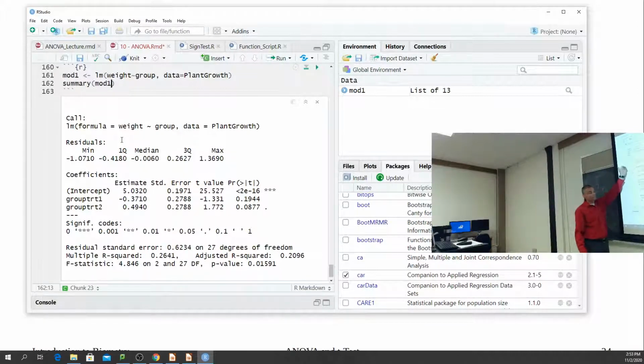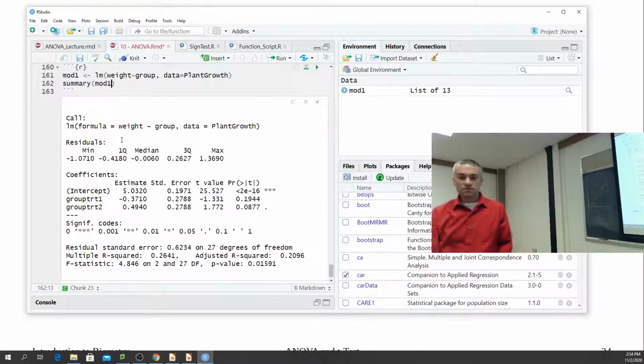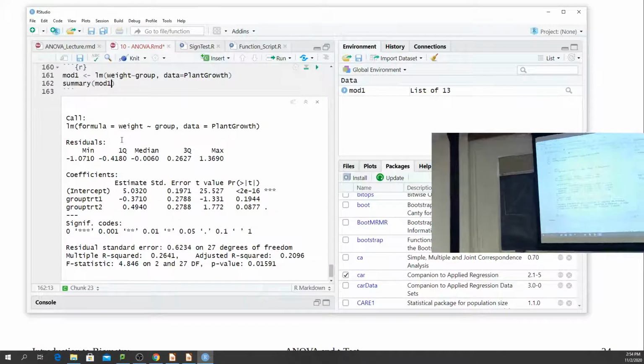Now the residuals, if we meet all of our assumptions, the residuals of our model should be normally distributed. What are the residuals? Well, I told you that this is equivalent to the add trend line option in Excel. All right? So let's say we've got a data set like that.